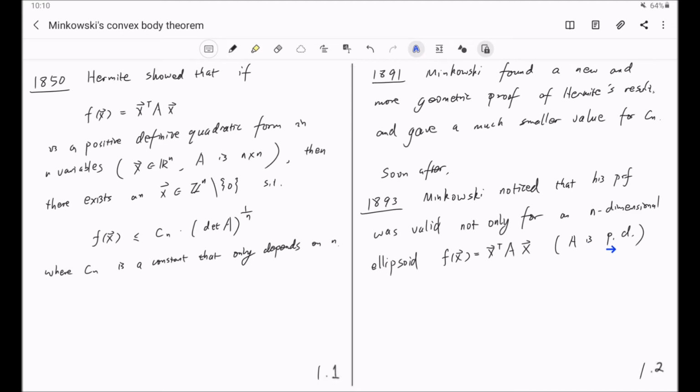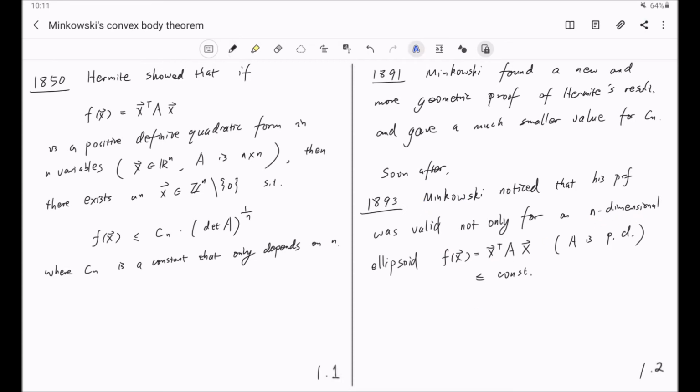This condition is very important. When A is positive definite, this quadratic form less than or equal to some constant will represent an ellipsoid in n-dimensional space.